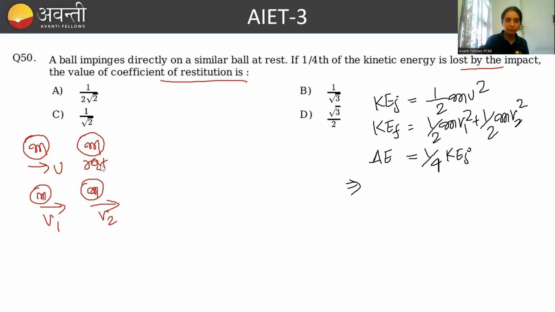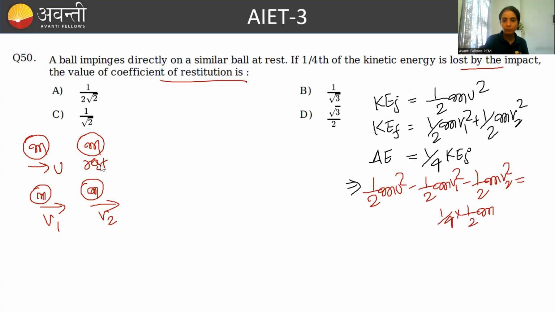So let's solve it. Initial kinetic energy minus final kinetic energy, that is half m u square minus half m v1 square minus half m v2 square, will be equal to how much? 1/4 of half m u square. So half m we can cancel from everywhere. So what will be left?